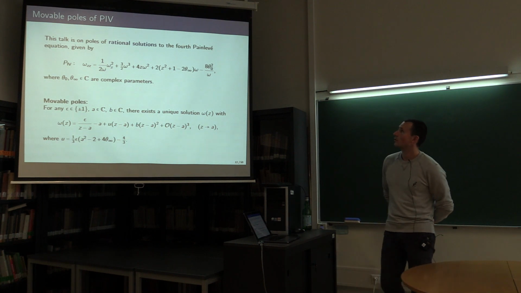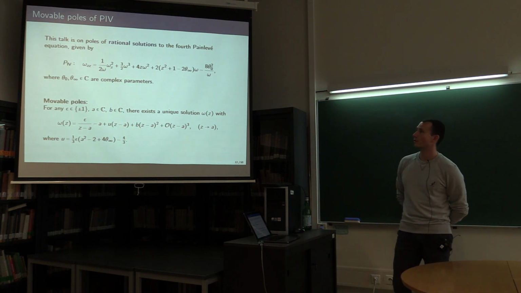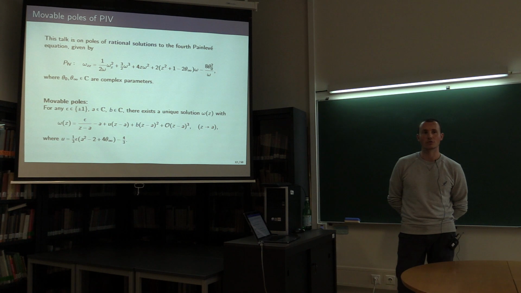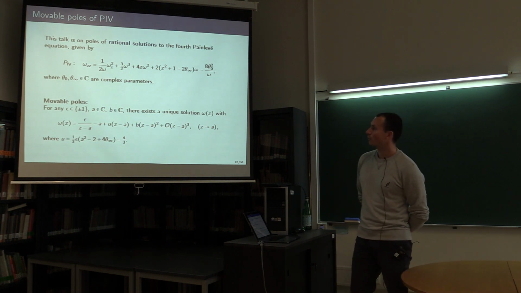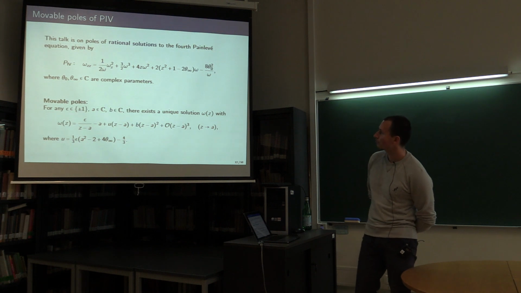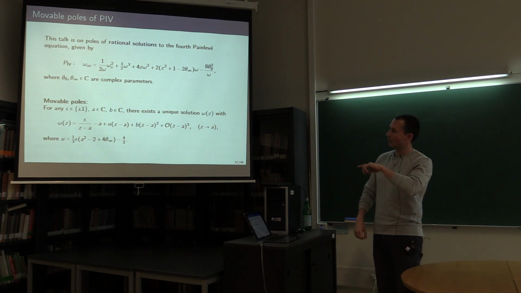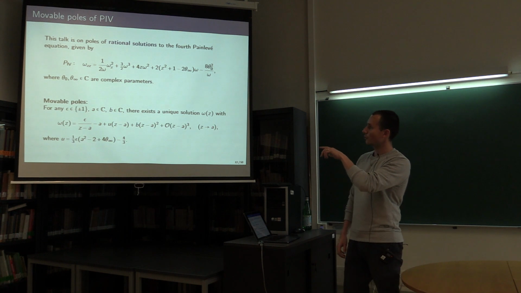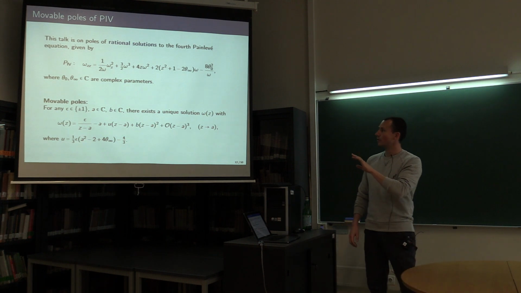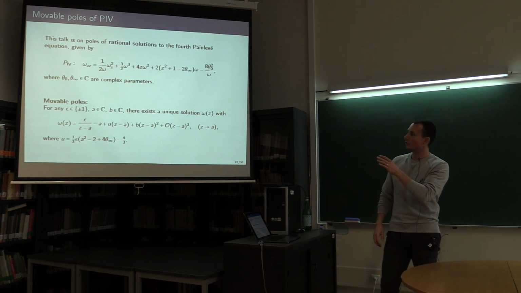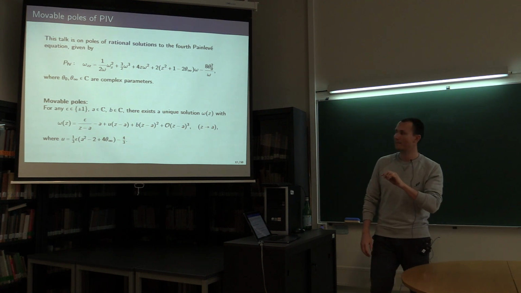So as I said, today's talk is on Painlevé 4, and particularly on rational solutions of Painlevé 4. To make the concept of movable poles more explicit, here's the exact characterization. For any choice of epsilon equal to plus or minus 1, and complex numbers a and b, there exists a unique solution with this Laurent expansion around z is a.